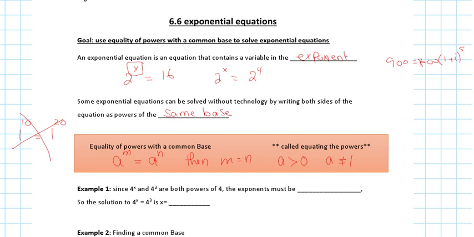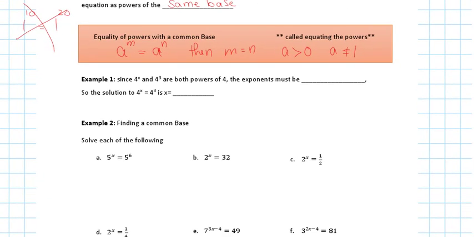If you look at this example, I have 4 to the power of x equals 4 to the power of 3. So that means x is equal to 3. I always tell my students, drop the base, and that makes x equal to 3.